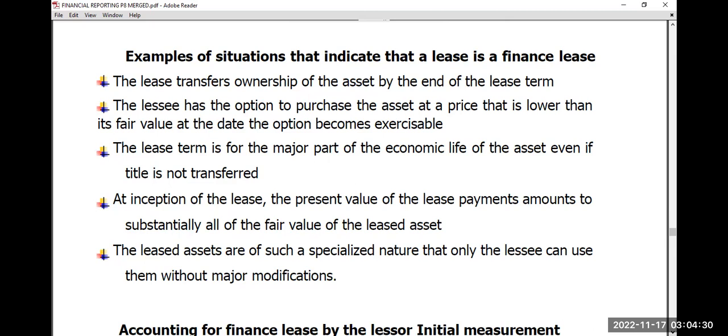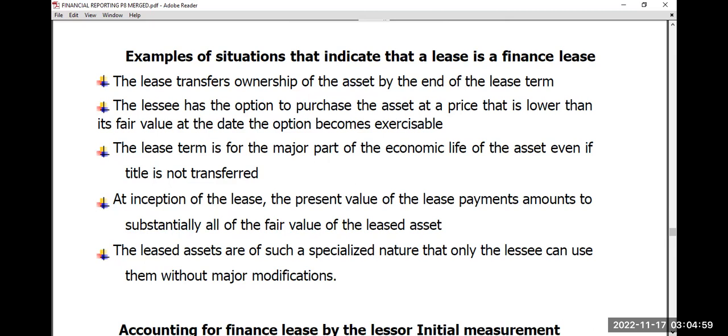That basically means that at the point of commencement of the lease, if the present value of the lease payment, remember the present value of the lease payment, we said that is the lease liability. Because that lease liability gets to be the present value, it means we have discounted it and got its present worth.